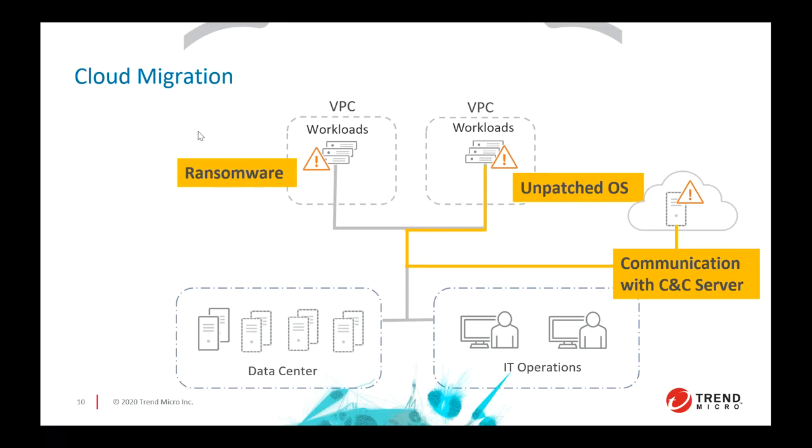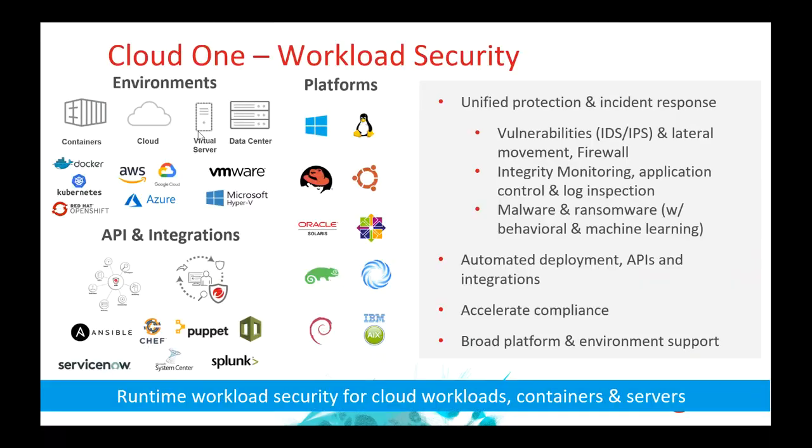And related to the workloads, they may have the ransomware attack or unpatched OS, or the botnet related issues, CNC server communications and everything. So you can avoid all these challenges using the Trend Micro Deep Security as a Service or workload security.